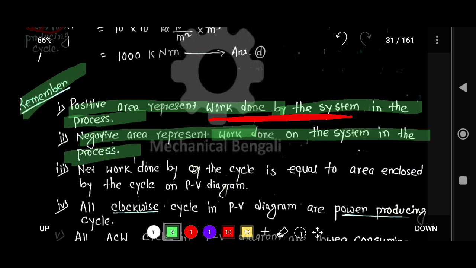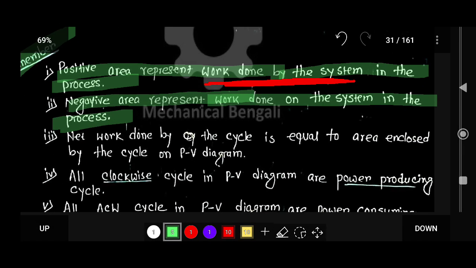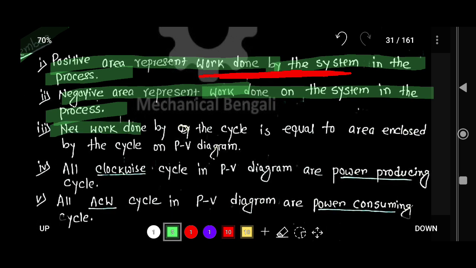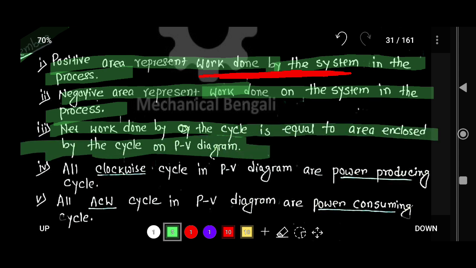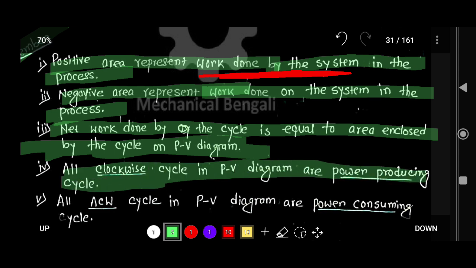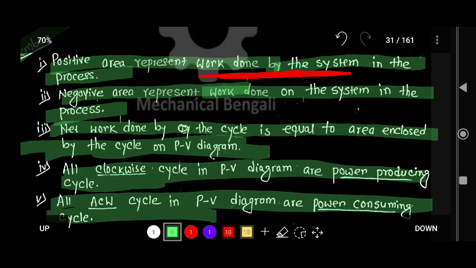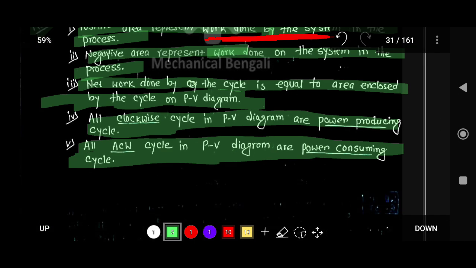The third point is that net work done by the cycle is equal to the area enclosed by the cycle on the PV diagram. When you solve the above question, you can understand this point. Clockwise cycles are power producing cycles, and anti-clockwise cycles are power consuming or absorbing cycles. So you can remember this data.